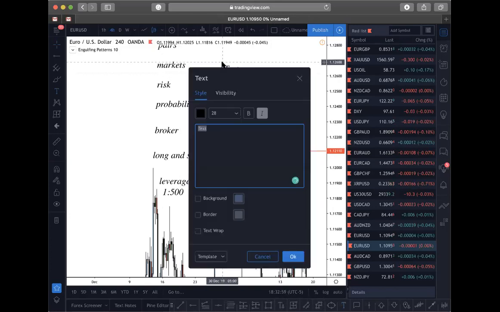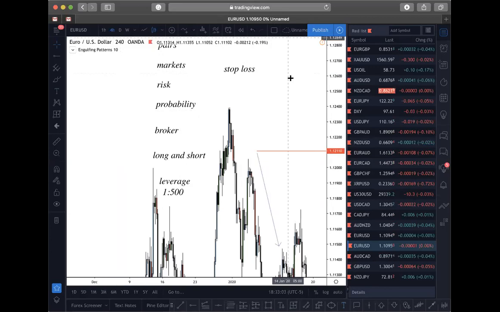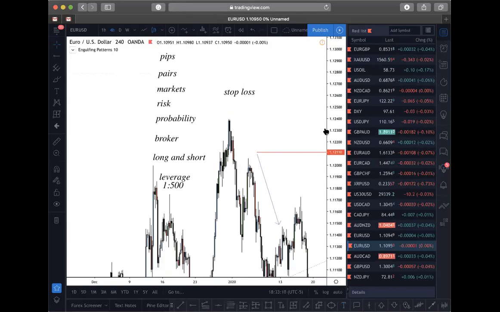Then we have stop loss, right? Stop loss is simply the price you would like to get out at. It's simply a price at which you decide this is how much you're willing to risk, and if it hits your stop loss, you're out.